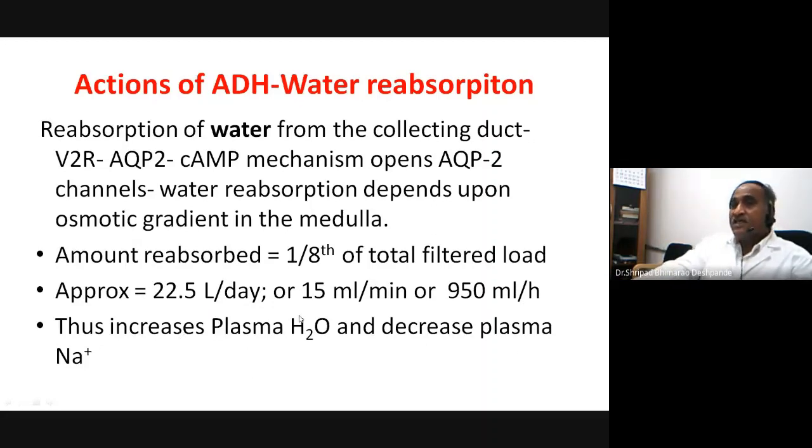Thus it increases the plasma water concentration, because the water is retained back, enters into the extracellular fluid and into the blood vessels, and then this entry increases the plasma water content and decreases the plasma sodium concentration. That is called hyponatremia. Okay, I will leave it here. I will come back later.